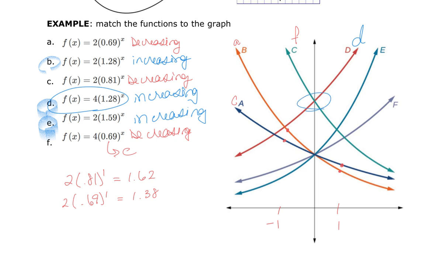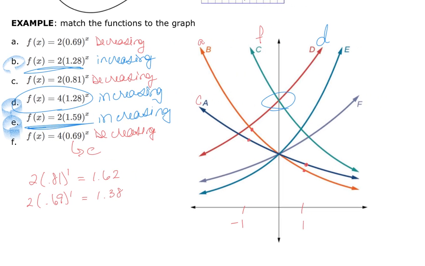So then we just have to figure out what's happening between this one and this one. Now remember, the closer your number is to 1, the flatter it is. And I know that this one, 1.28, is closer to 1 than 1.59.